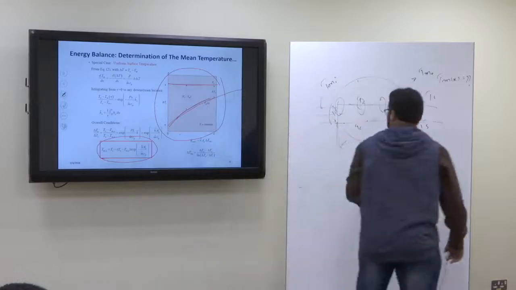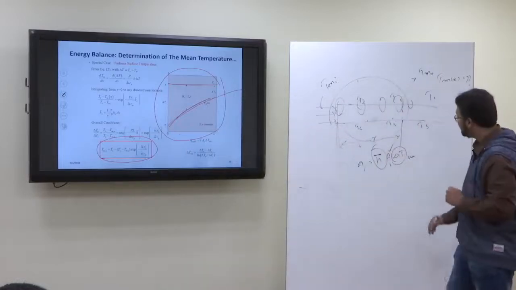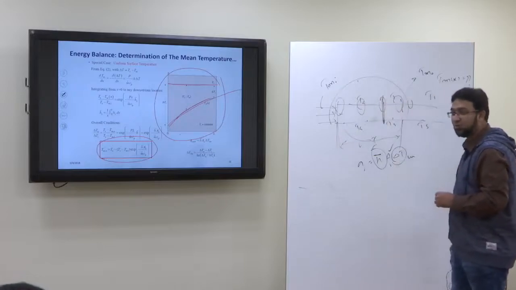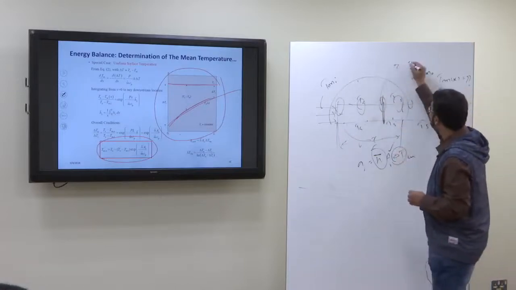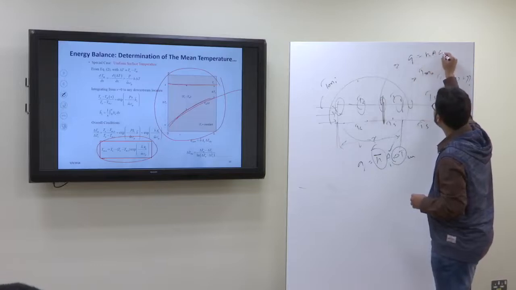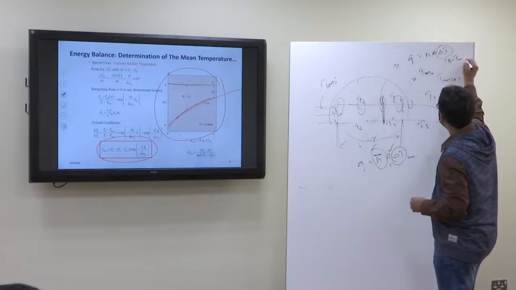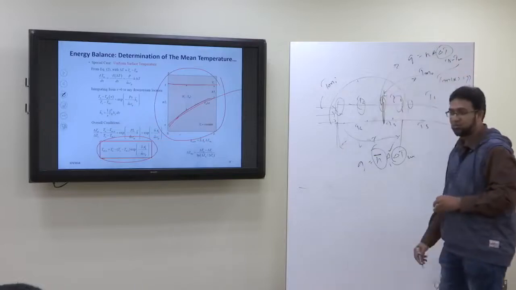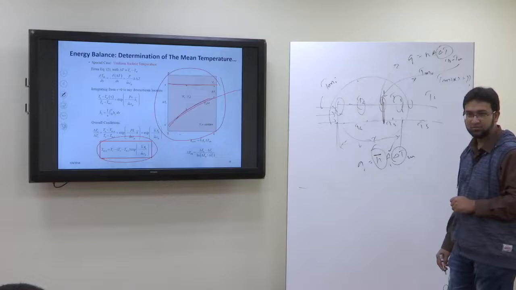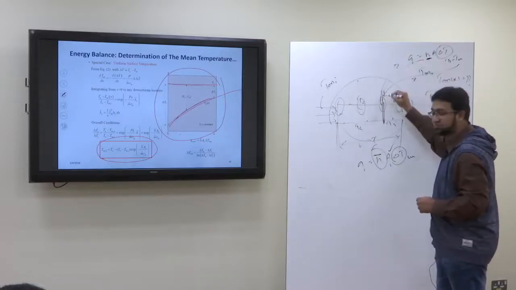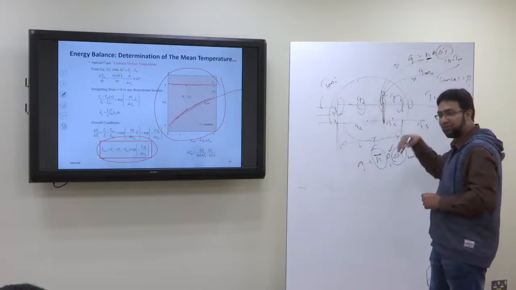Suppose we don't want the average heat transfer coefficient, and we just want to know the heat transfer at this section. Then Q equals HA delta T, but in this case this delta T will be T surface minus T mean at this point only. Is it clear? Then the H we will get will be only at this point, not the overall average.